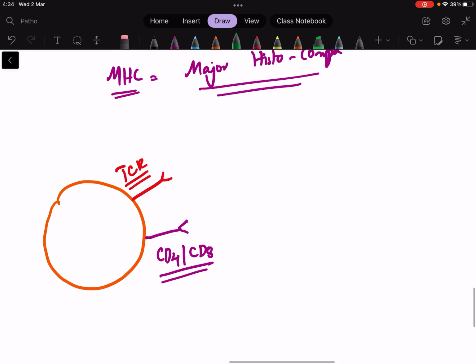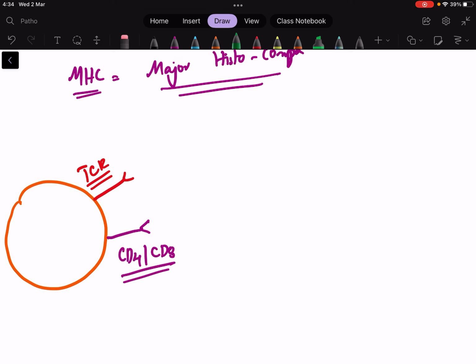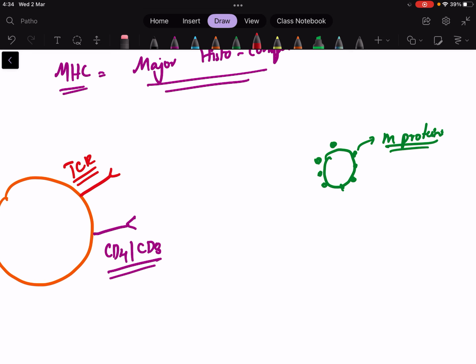Suppose there is a virus, or we will take a bacteria, and this bacteria has certain antigens. I will name this antigen as M proteins. Now this bacteria should get killed, right? Because it is harmful to our body.